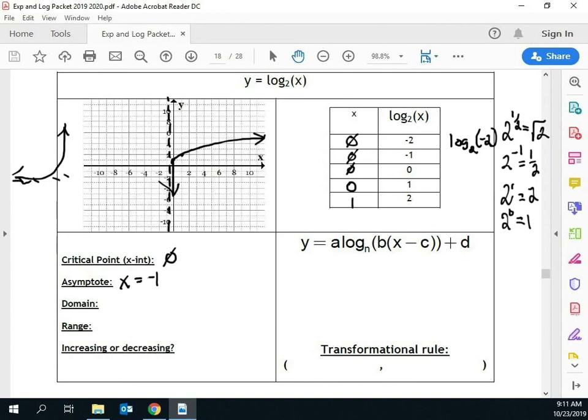Domain. Domain is going to be what the range was on exponentials. Y'all remember the range? We said that y is greater than whatever the asymptote is, or y is less than whatever the asymptote is. Well, same as here. That's the new domain. So now you say x is greater than whatever the asymptote is.